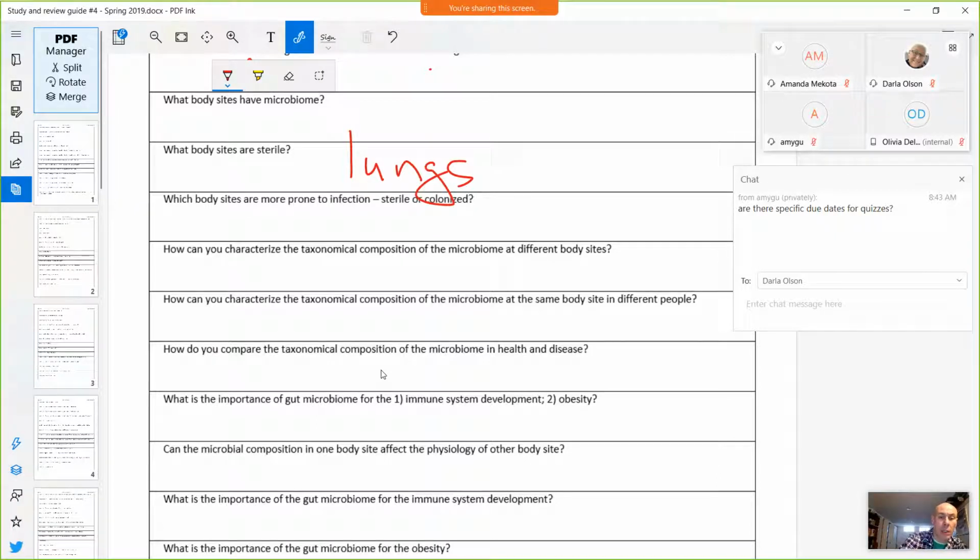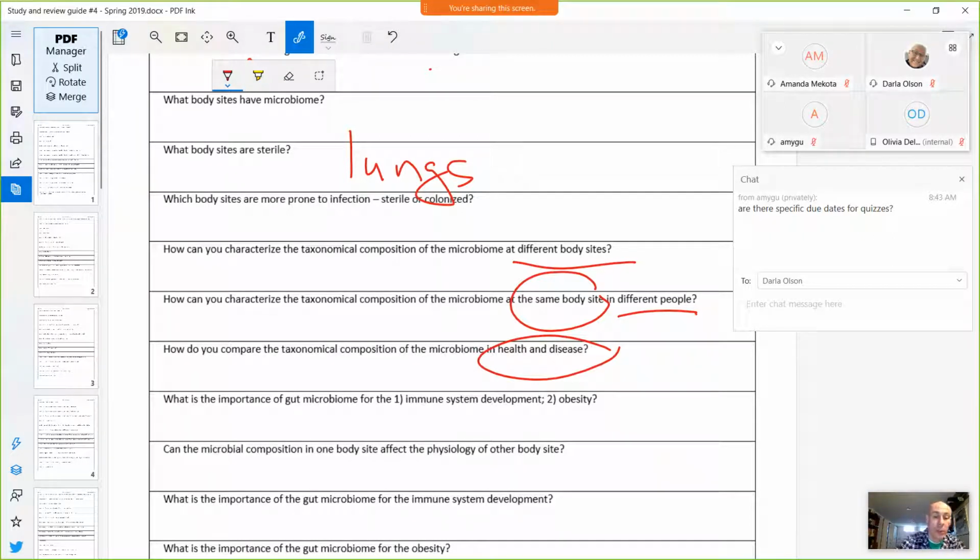So taxonomical composition at different body sites. At different body sites, taxonomical composition is different. Taxonomical composition at the same body site in different people is very similar. In health and disease, different of course, okay?